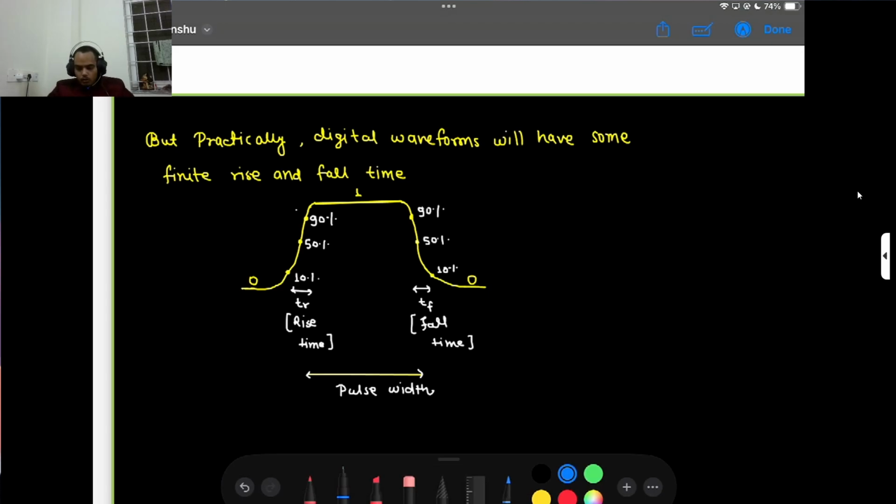But practically, digital waveforms will have some finite rise and fall time. Here we can see my signal where the slope is not infinite. The slope from 10% to 90% in this period is called TR, the rise time.